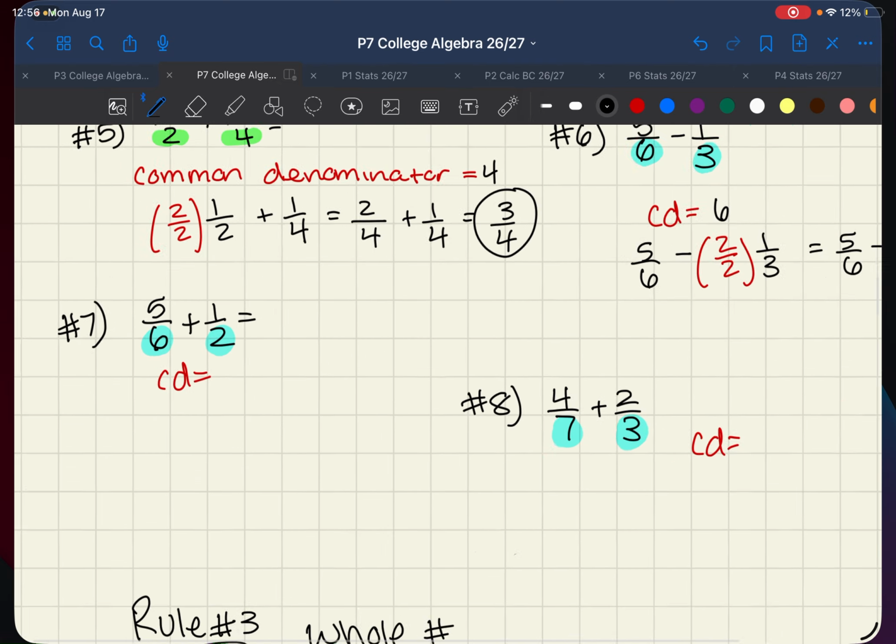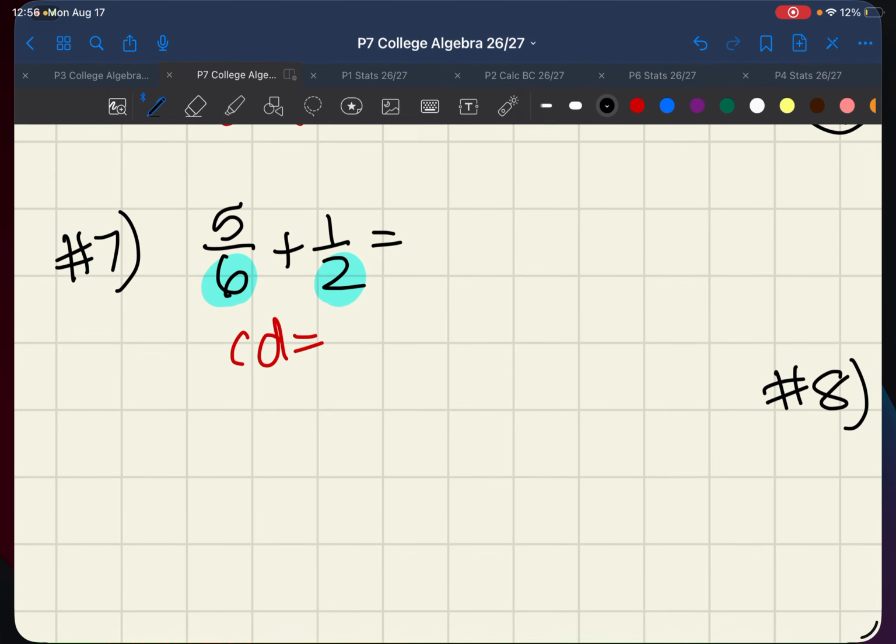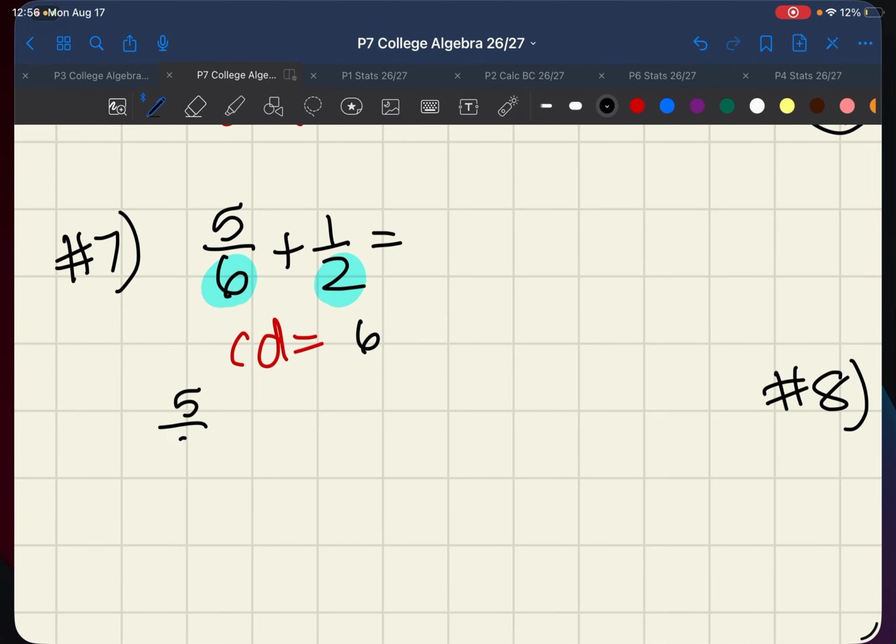Let's look at number 7. Again, I have 5/6 plus 1/2. They're two different numbers, so my common denominator here is going to be 6. So 5/6 plus, and then what do I need to multiply that 2 by in order to make it 6? That would be 3. So 3/3.